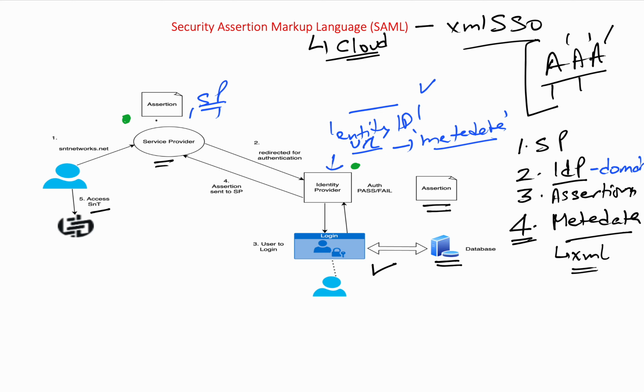The service provider will check the integrity of that assertion. According to the assertion, it will give you authentication and authorization. Correct? As per your authorization, you will be allowed to access the SNT networks, plus a bunch of other applications because your token is already created. So this is a basic SAML workflow.